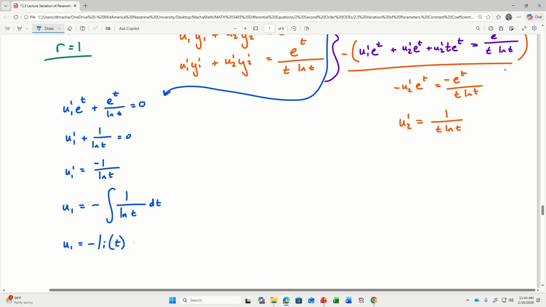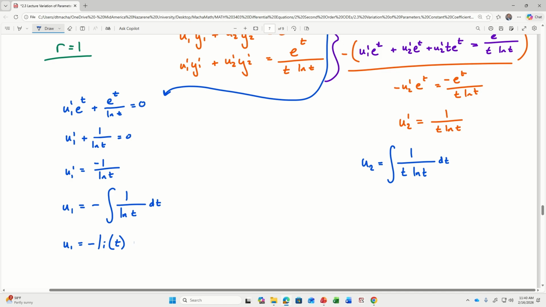Back over here, if I want u2, this is the antiderivative of 1 divided by t natural log t dt. I'm trying to think, can I use a u substitution here?